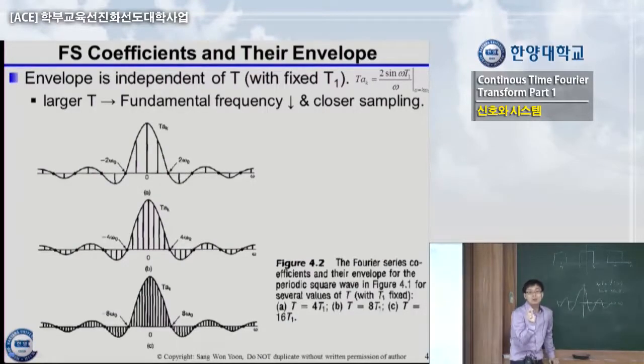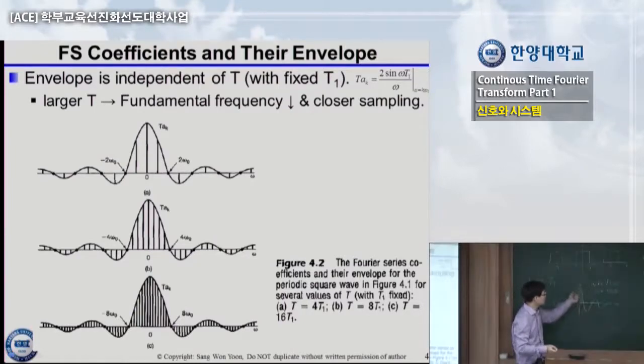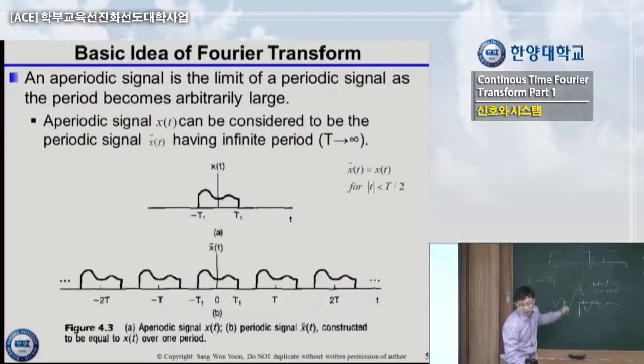If omega_0 becomes infinitely small, what does that mean? Omega_0 is 2 pi divided by T. So we want to minimize omega_0. How can we do it? Make T large, right? So the logic here is, if you try to find the original signal, we minimize omega_0, and we can make the period large. So let's see how it looks.